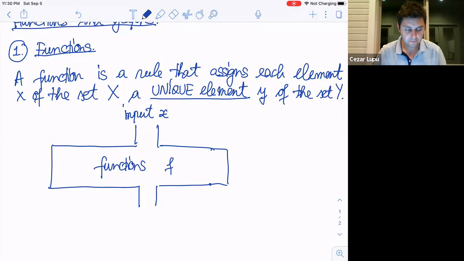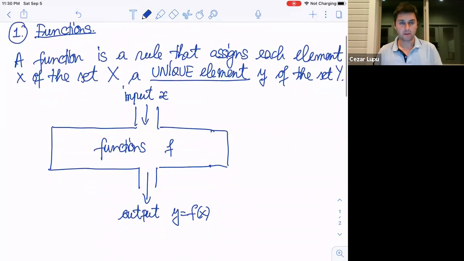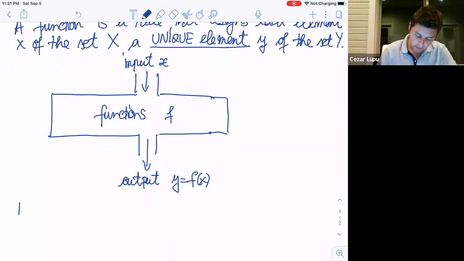Here's the input, we'll put it in, and we'll see how this will work with the function f, and then as a result, we'll have the output, which is this value y, which is f of x. So this is the picture you have to remember. Anyway, we'll see later on in the lecture how to compute values of different functions.